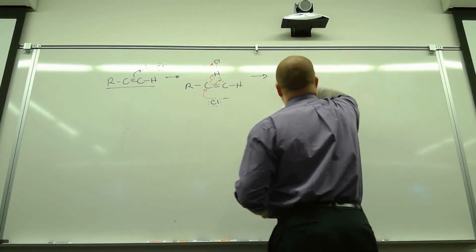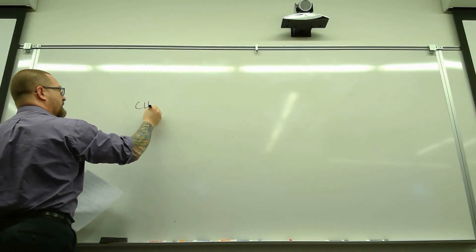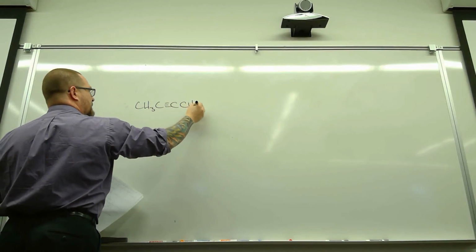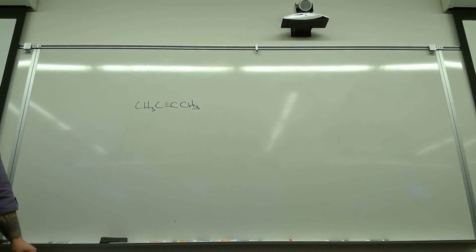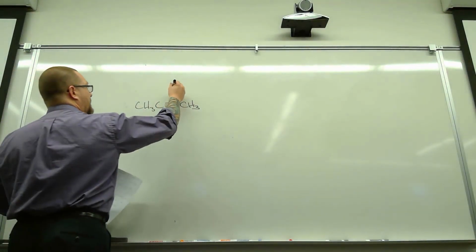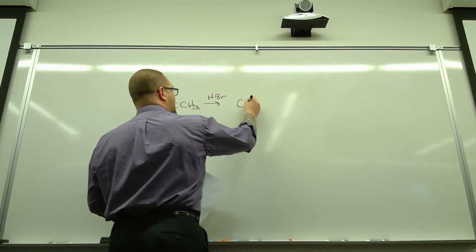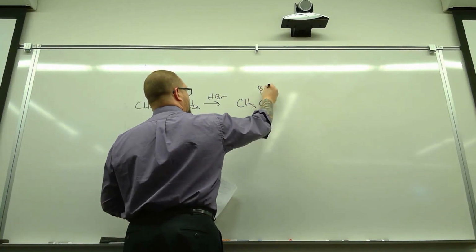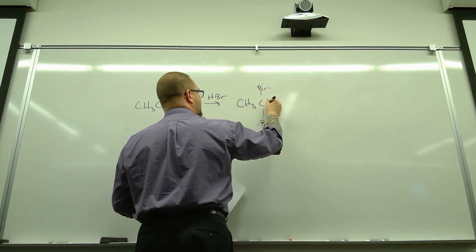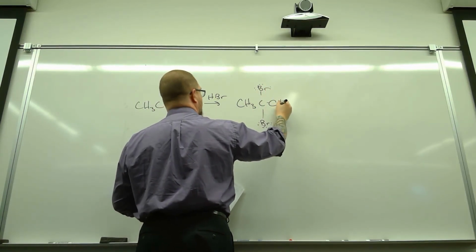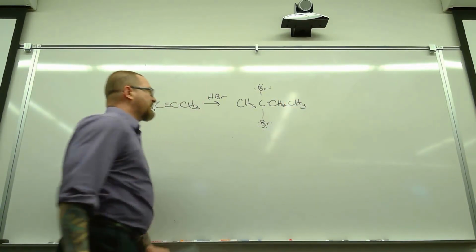If you've got something that looks like this, where the triple bond's in the middle and you have a methyl on both sides, that's fine, because if we attack with extra hydrobromic acid, you're going to get the same product, regardless of which carbon gets the initial tap.